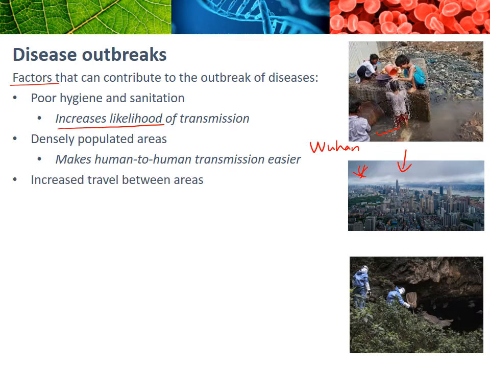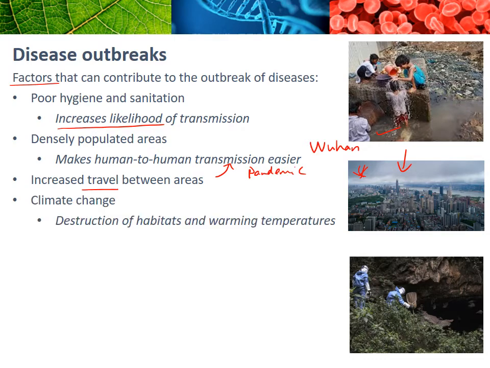Adding to that, the increased travel between areas. We live in a very globally connected world, and again, that means that this transmission is so much easier. Again, this was a huge contributor to coronavirus spreading. It happened during the Chinese New Year when people tend to travel all around the world to see their families, so it made the spread of it and it becoming a pandemic much easier.